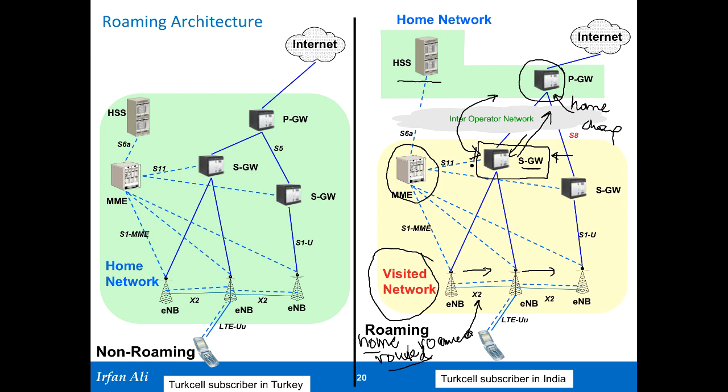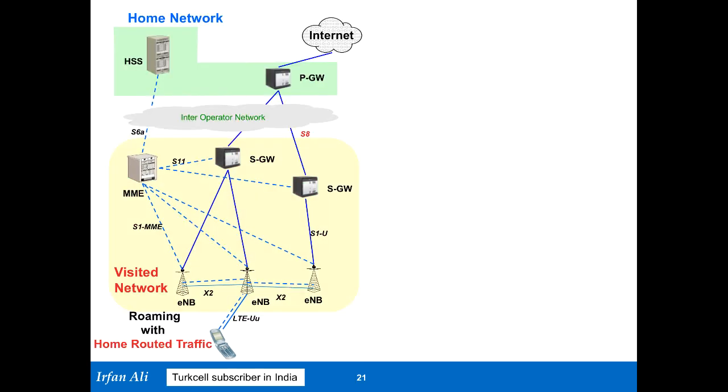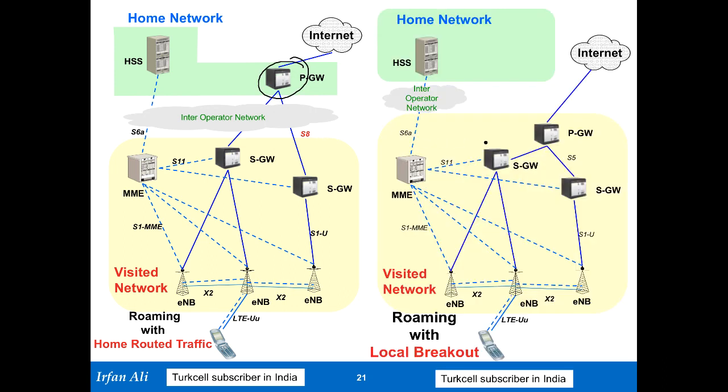There's also one more part in the roaming architecture. The first part was this home routed traffic, where your P gateway is in your home network. There is a similar architecture where your traffic is actually going out to the internet from the visited operator, and that's what's called roaming with local breakout.